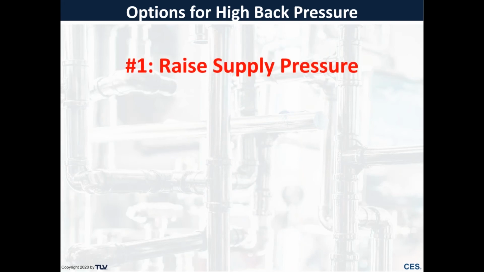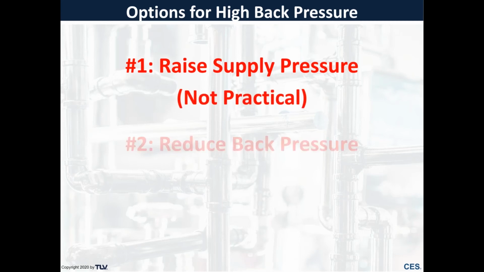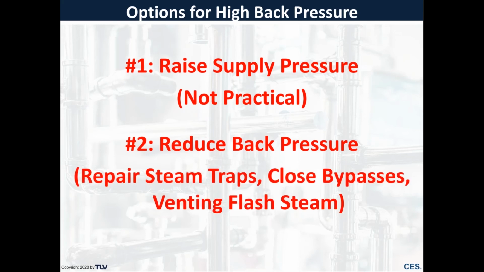Well, the first thing you could do is raise your steam supply pressure, but that really doesn't seem very practical. Your second option is to reduce your back pressure. And the most effective way to do that would be to manage your steam trap population, close your bypasses, and if that still does not alleviate the high back pressure, you could look at venting flash steam in certain areas and pumping that condensate back.